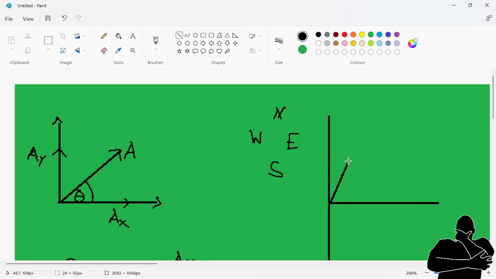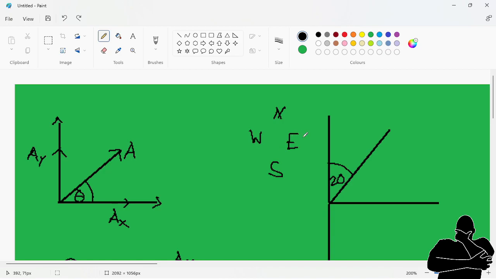So to the right of that would be this over here. And I'm going to make the angle a little bit bigger because I want to have space to write. The angle between the north line there and the vector is said to be 20 degrees. So that is the first part of his journey.